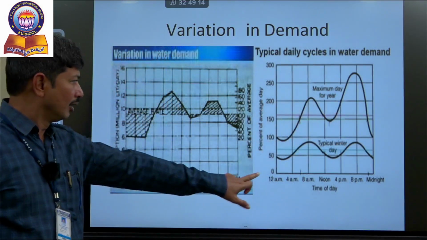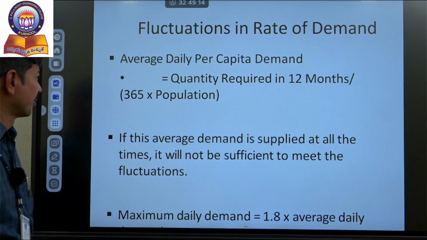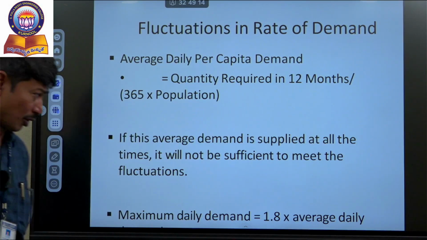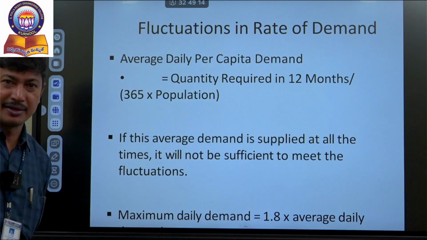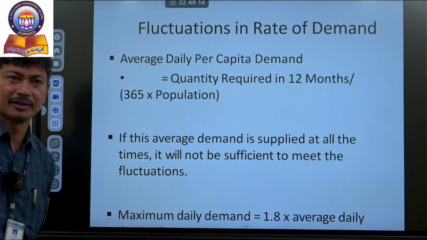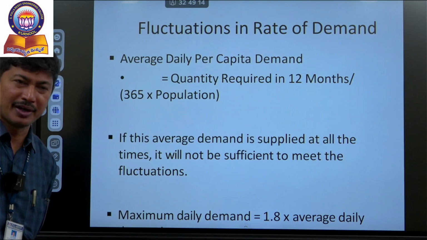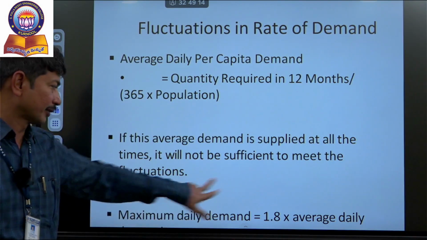For fluctuations, maximum daily demand is 1.8 times average daily demand, because on Sundays and festival days the quantity required is more, so that's why 1.8 times more is required when compared to a normal day.